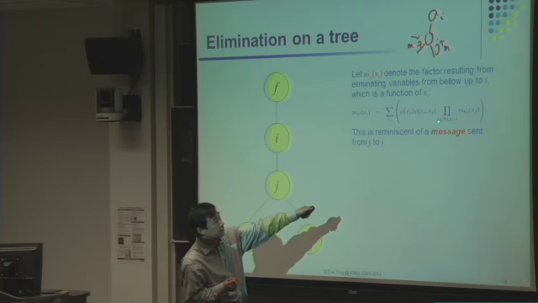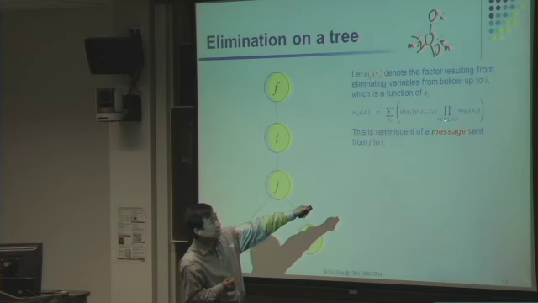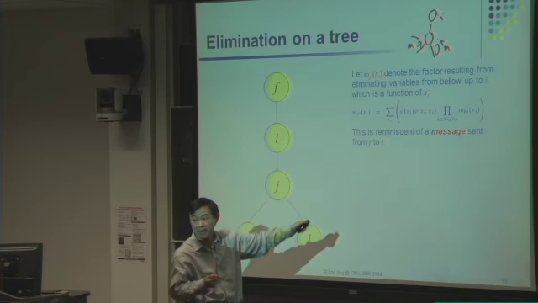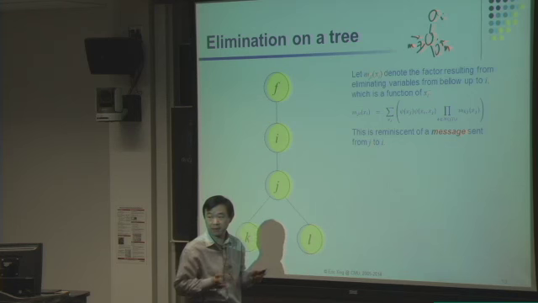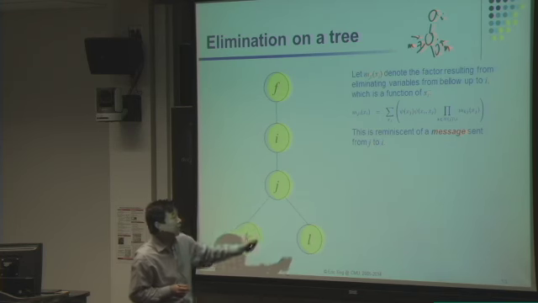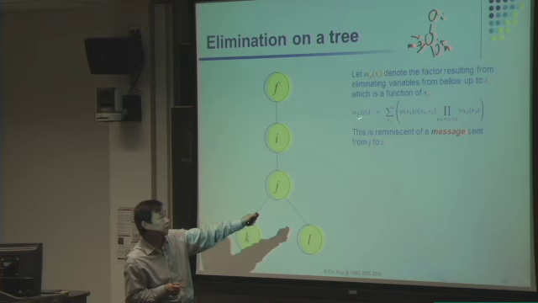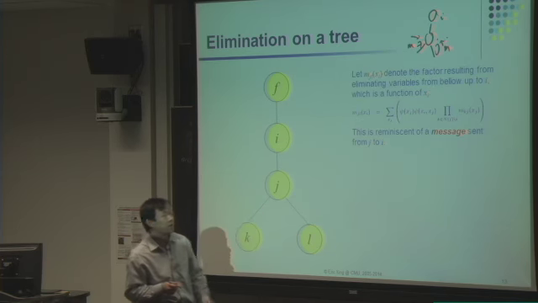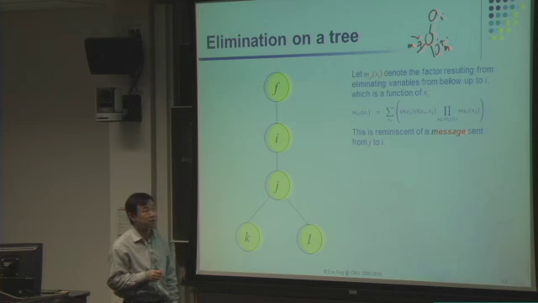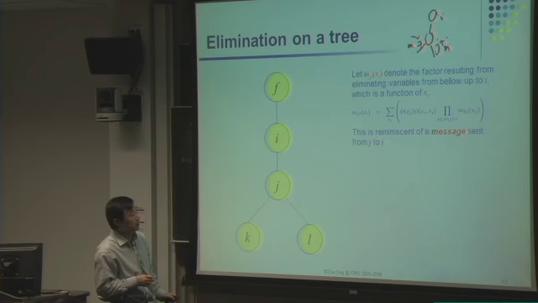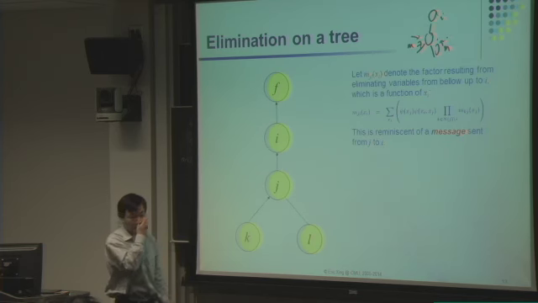These are the ones that are neighborhood of node j except i. i is the one to be sent this message to. And then here are the potential functions that contain the variable j, xj and xij. So that basically defines the sum product operation and the message. And so we're going to reuse this concept on and on.